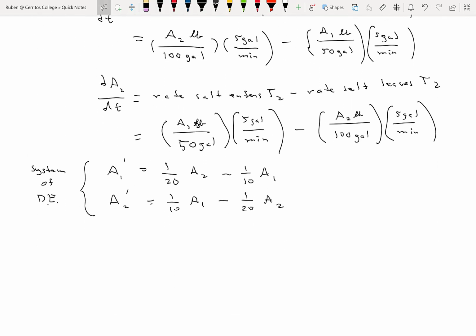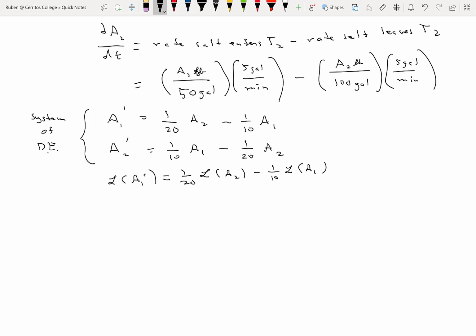Now let's use some Laplace transforms. Let's take the Laplace transform of each of these differential equations. Okay, so concentrate on the first one. I want the Laplace transform of A1 prime. That should equal 1/20th Laplace transform of A2 minus 1/10 times the Laplace transform of A1.